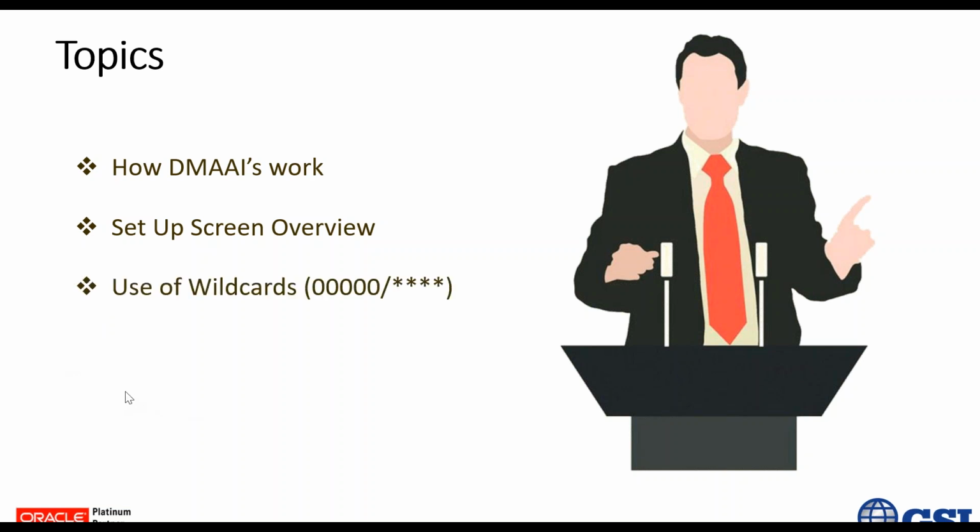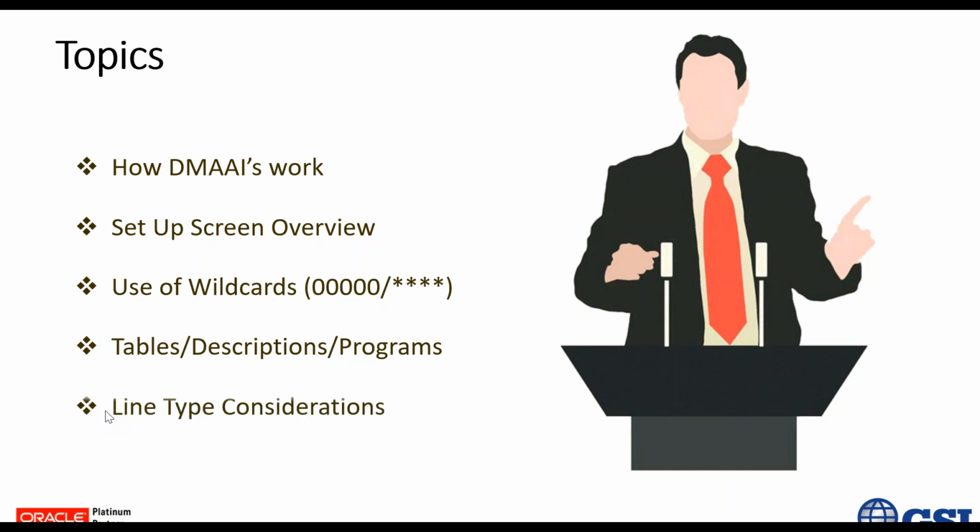We'll talk about the use of those wildcards, the company 00000 or the 4 asterisks that are used for GL class codes. We'll talk a little bit about what tables they are, the description and programs that call them. We'll talk a little bit about line types, and then those come into play on purchase orders and sales orders. And then we'll have a couple of little useful tips and tricks at the end.